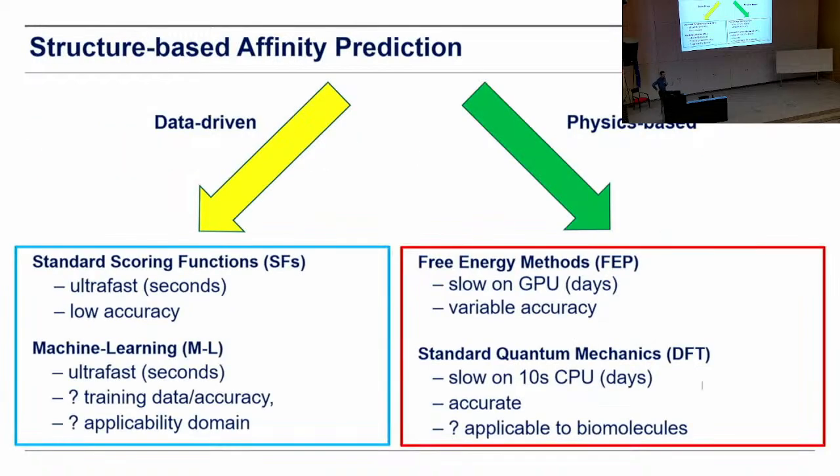When we are at the point of predicting affinity, we can go via different pathways. One is based on data or knowledge, and one is based on physics. The knowledge-based, traditionally, the so-called scoring functions, have been designed in order to be fast.